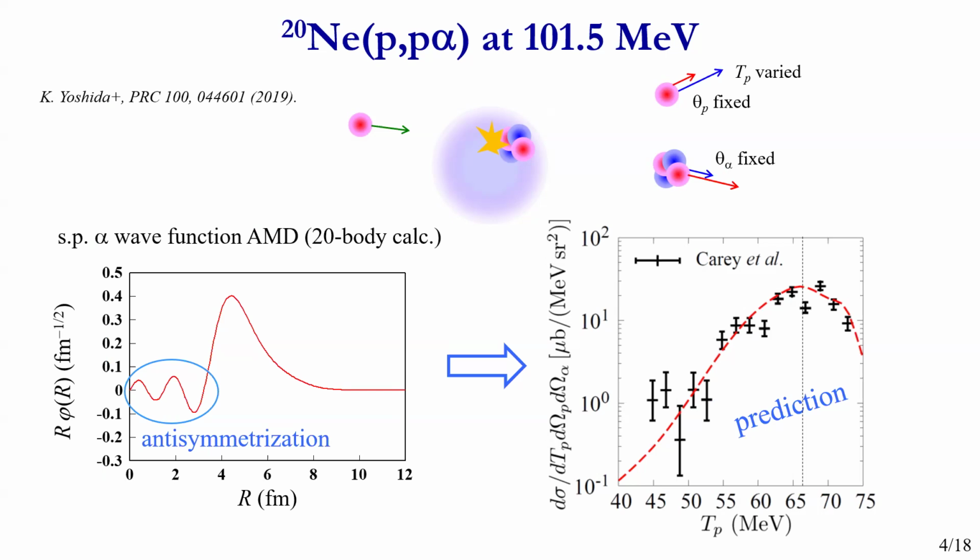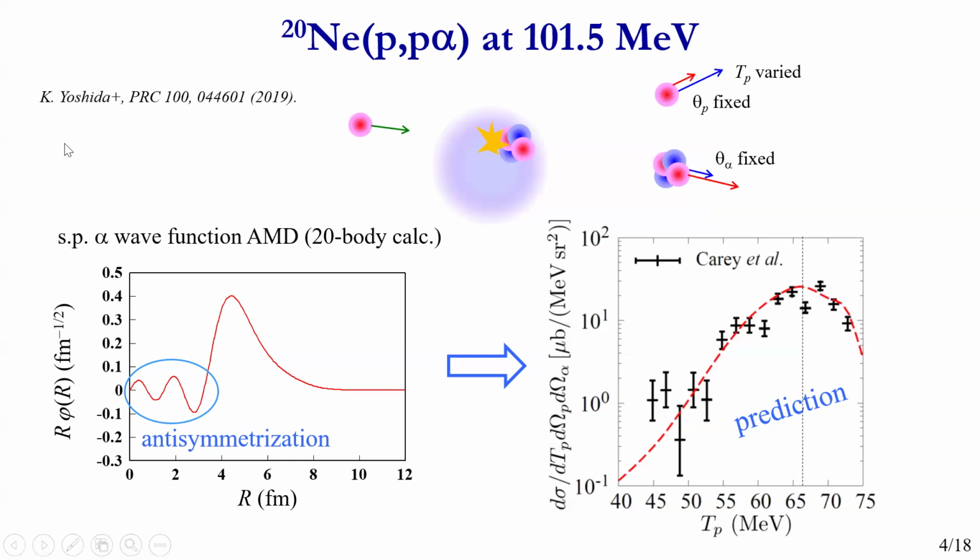But of course, in the description of (p,pα), we need the alpha scattering wave function and alpha optical potential. Also, as an elementary process, we should have the proton-alpha elastic cross sections. But once they are implemented, everything is the same as in the (p,2p) description.